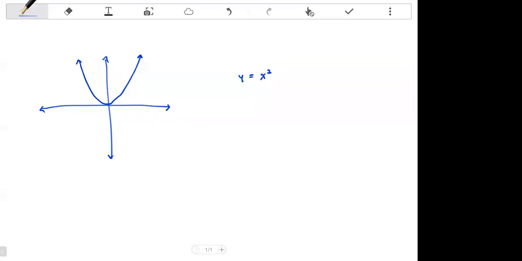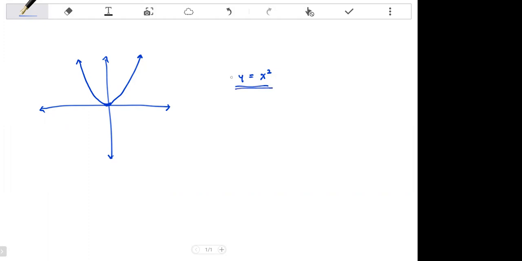And it touches the x-axis right there. And we are looking at solutions of graphs this time. We know what the shape of the graph looks like, but what does it mean to find the solution of the graph? Well, basically, we set y equal to 0.